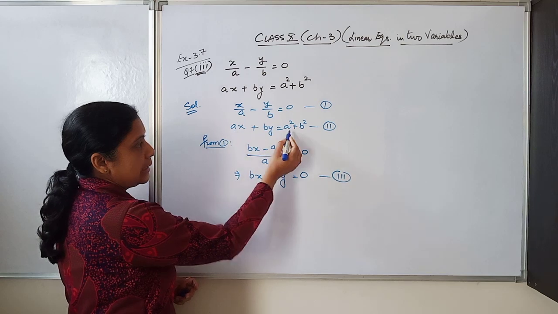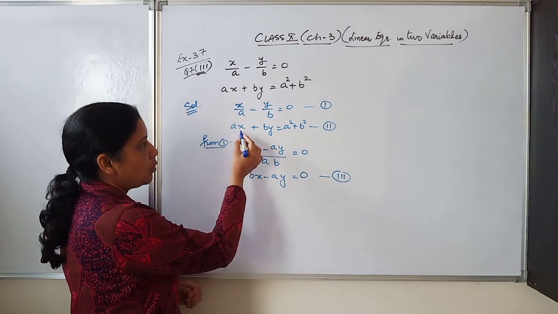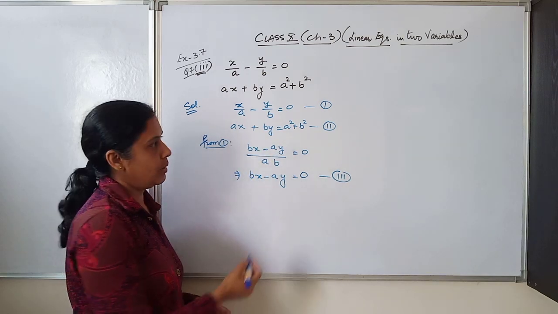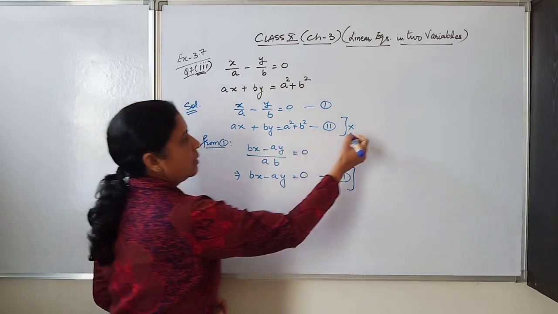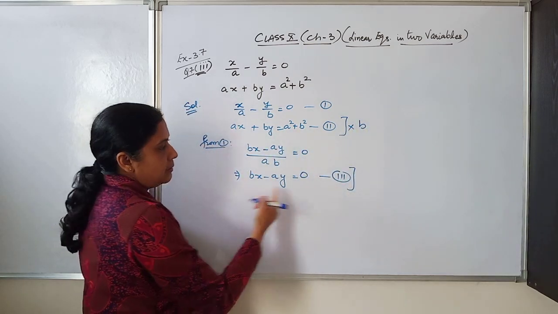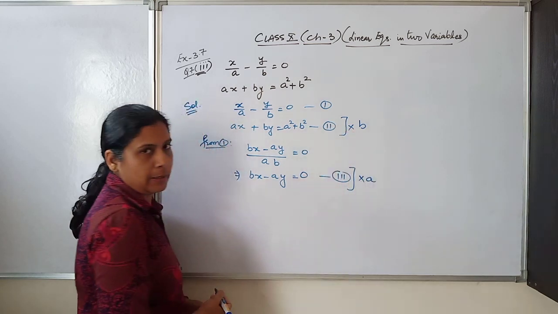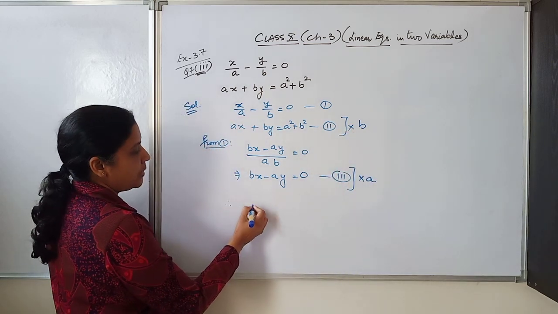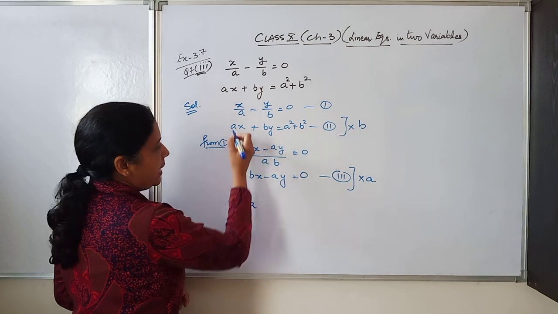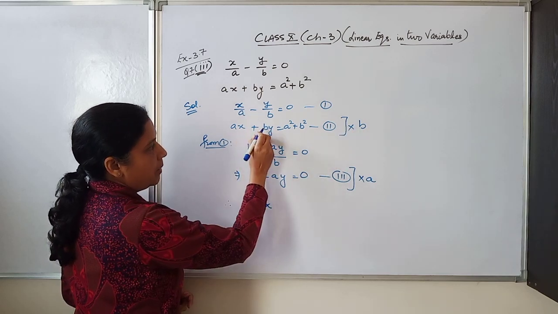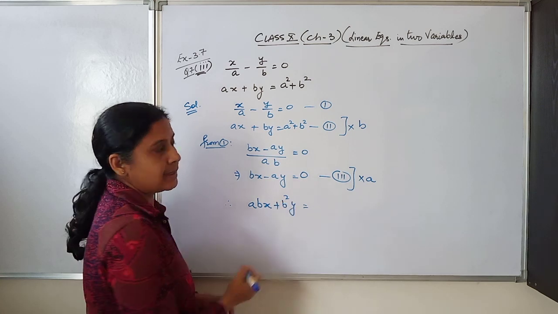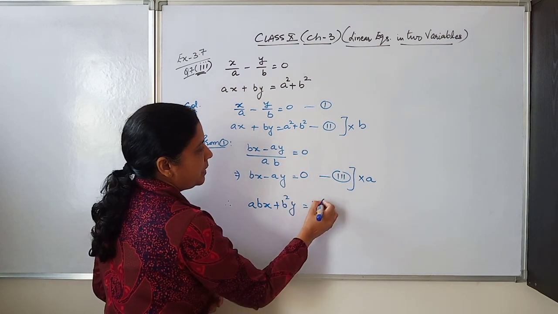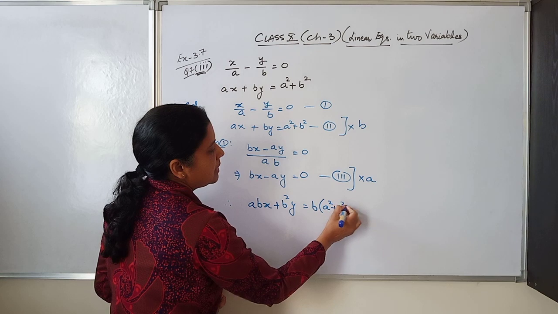As you can see, in the second and third equations, the coefficients of x can be easily equated if we multiply the second equation with b and the third equation with a, so that the equations become abx plus b into b square y is equal to b into a square plus b square.